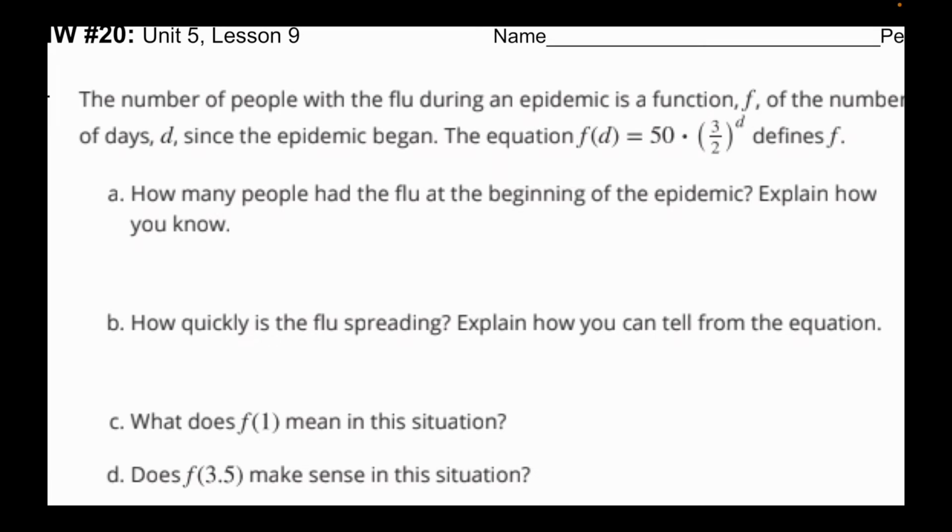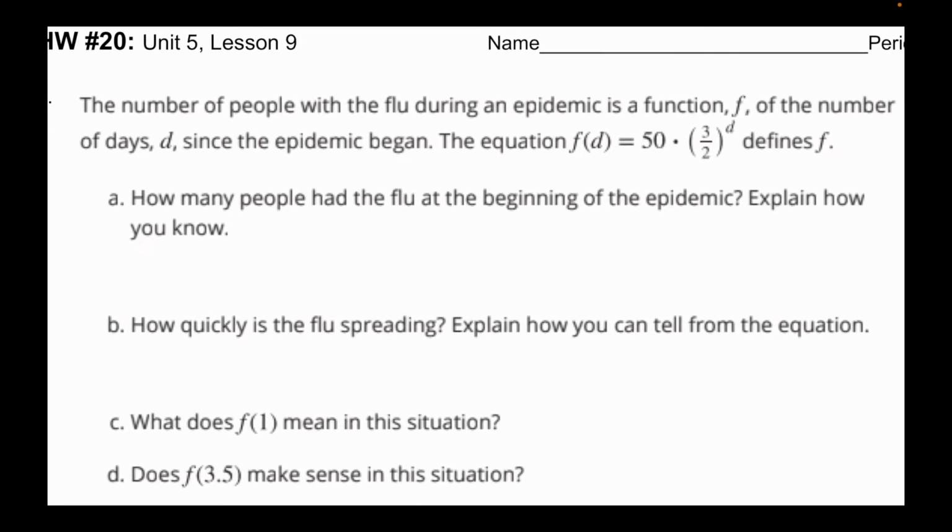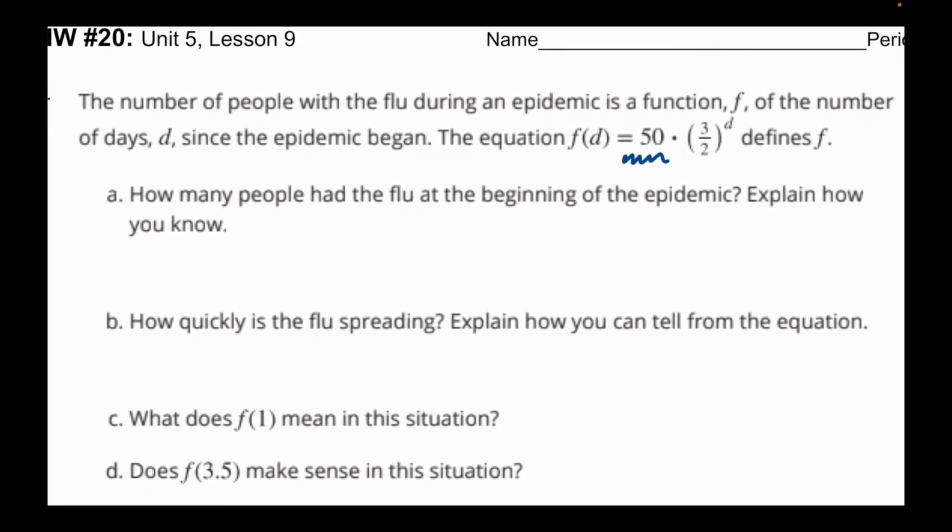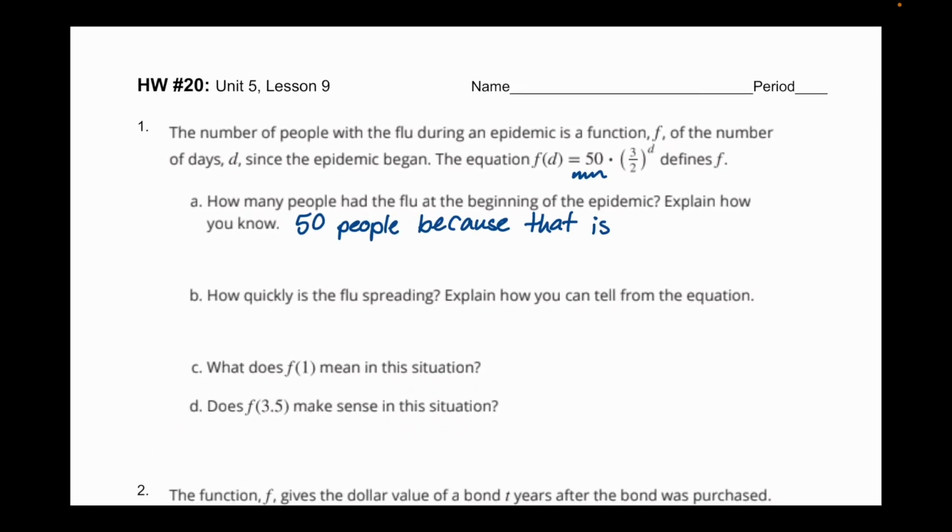Well, at the very beginning of the epidemic, we are going to use our initial value of 50. So 50 people. We can say that is, we can just call it the initial value.